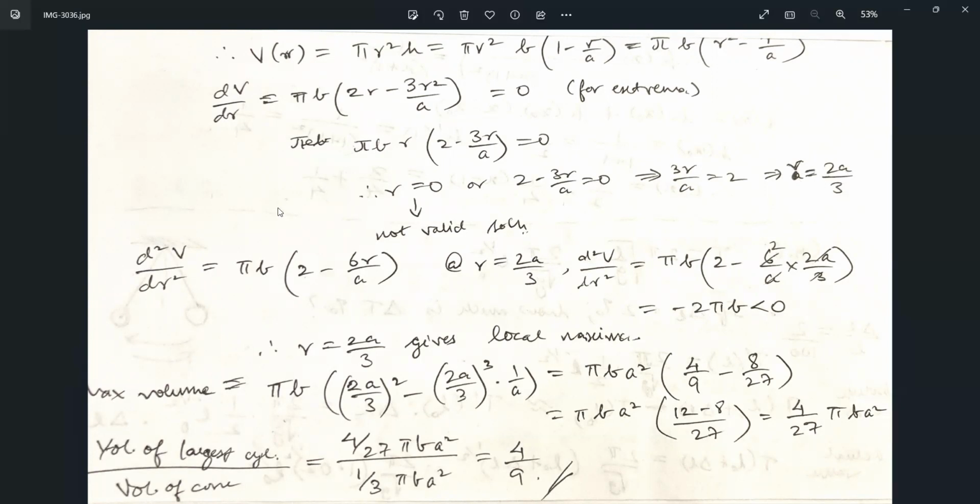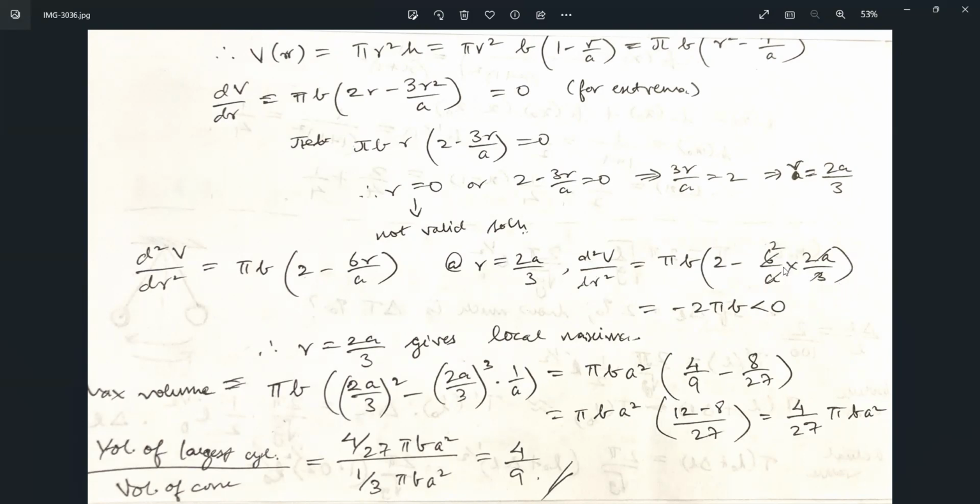Now to verify that this is the maximum, we have to do the double differentiation. So I will apply d square V by dr square, which gives me pi b into 2 minus 6R by A. Now I substitute R equal to 2A by 3 over here. So what I get is d square V by dr square is pi b into 2 minus 6 by A into 2A by 3.